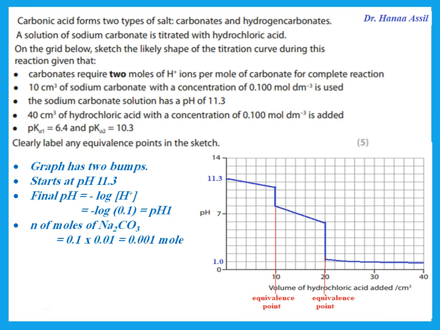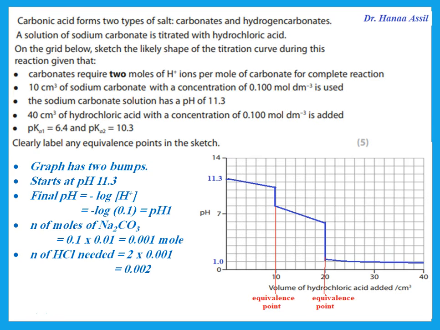Number of moles of sodium carbonate is concentration times volume. He gives me concentration and volume. The number of moles of HCl needed, remember that we will need 2 of them, twice the moles of sodium carbonate.